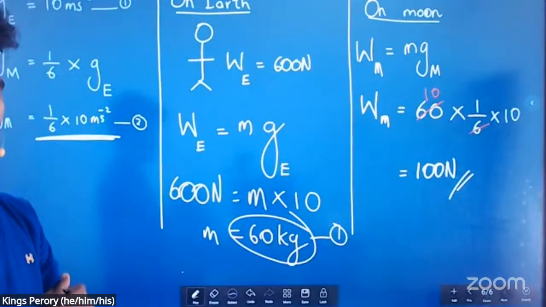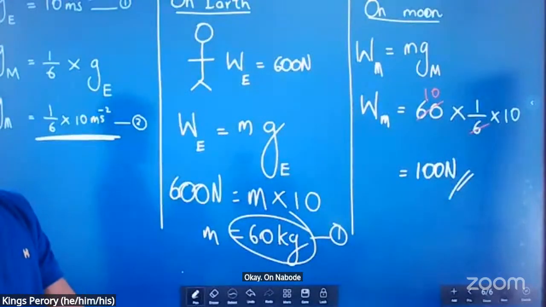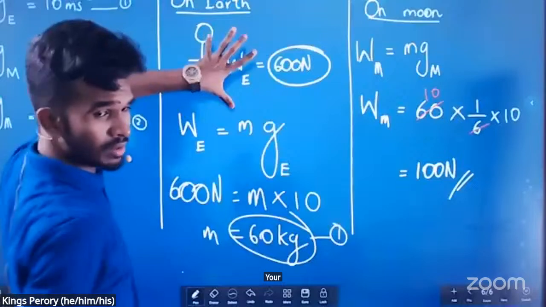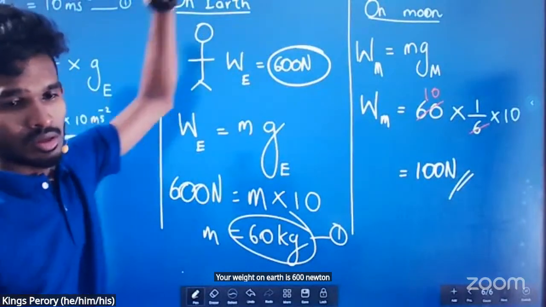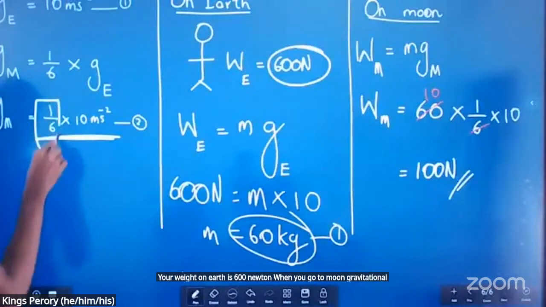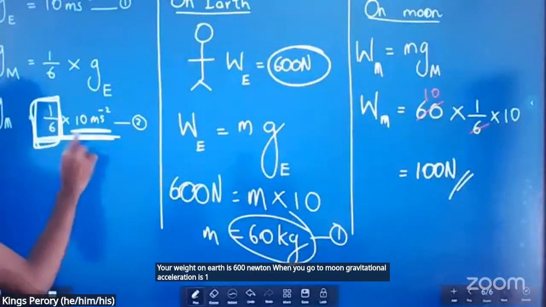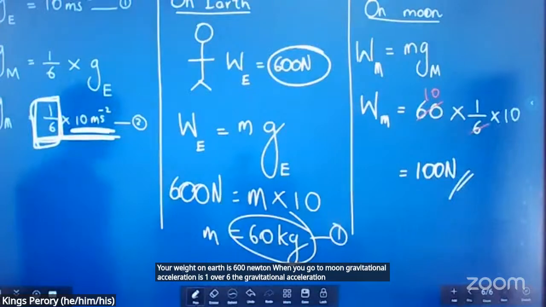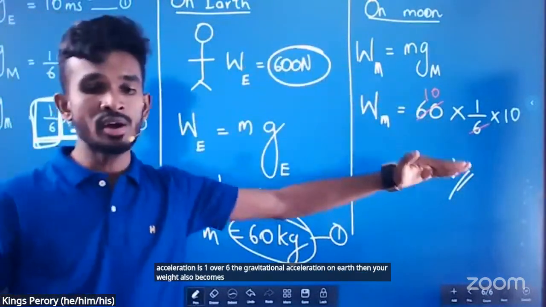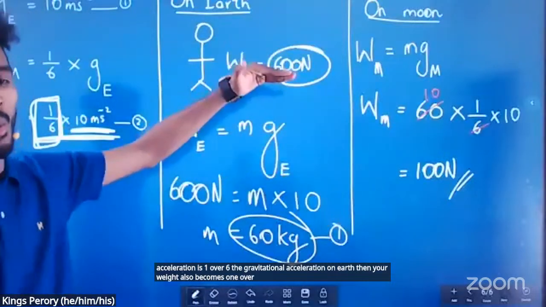Okay. Now a shortcut. Listen, no need to do all these things. Your weight on earth is 600 Newton. When you go to moon, gravitational acceleration is 1 over 6 of the gravitational acceleration on earth. Then your weight also becomes 1/6 of the weight on Earth.